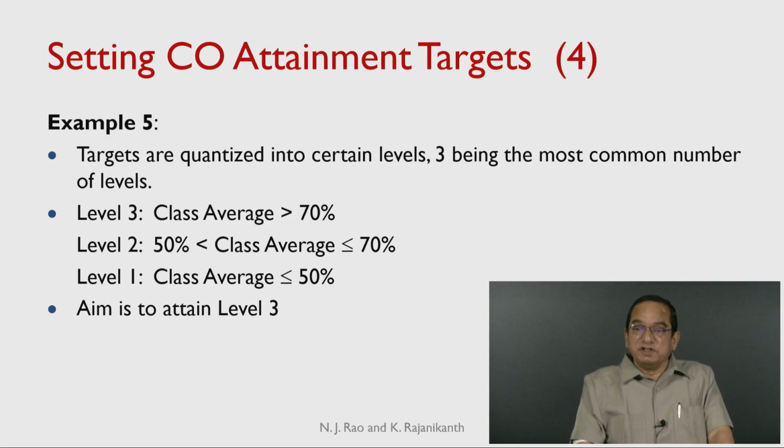Level 2 is characterized by stating that the class average is greater than 50% but less than or equal to 70%. And level 1, the lowest level, is characterized by the class average being less than or equal to 50%. Implicitly, the aim is to attain level 3.